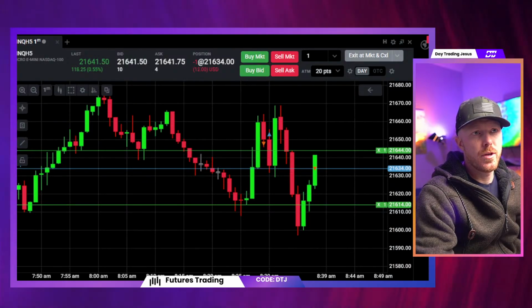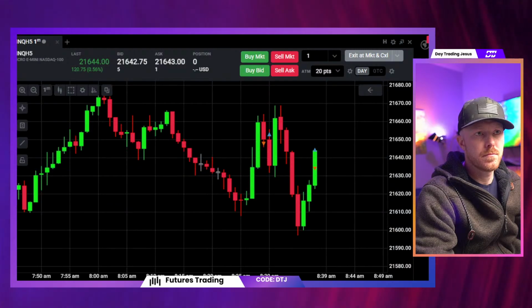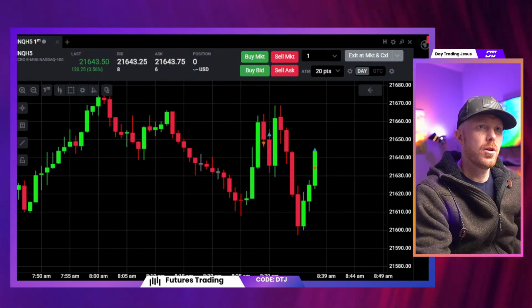See if it's going to hold here, if it just pushes right through. And it looks like it pushed right through.